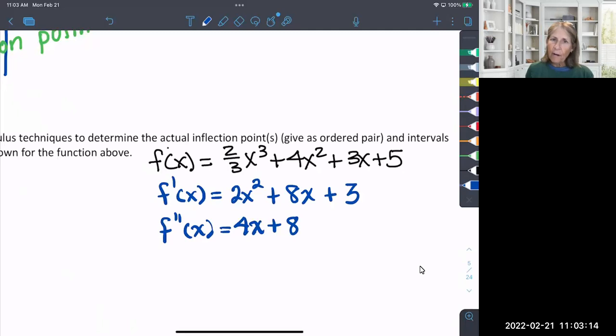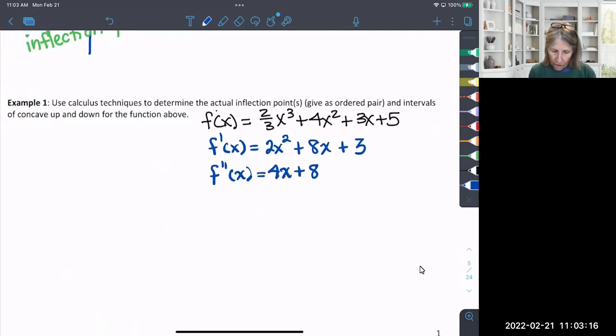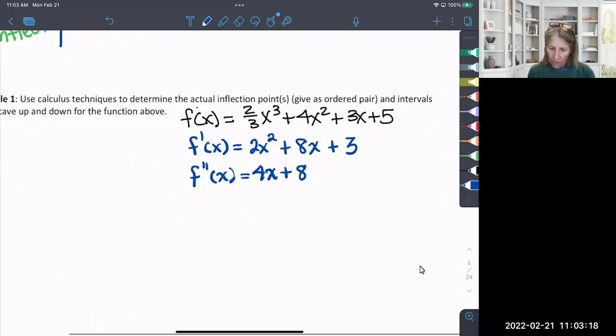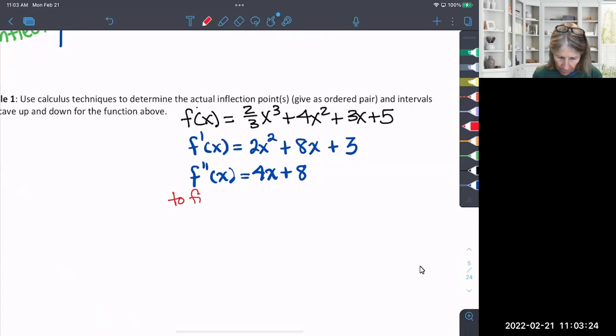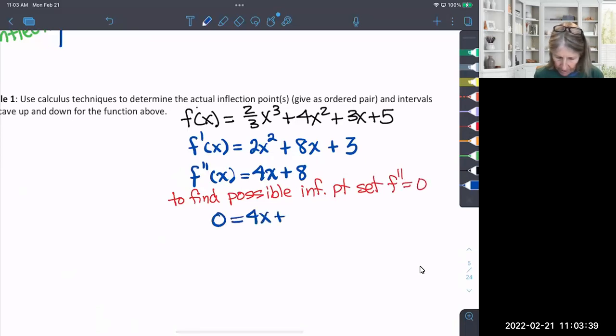So if you want to find an inflection point, we start by setting the second derivative equal to 0. Okay, so to find, and I'm going to say it this way, possible inflection points, we're going to set our second derivative to 0. All right, so 0 equals 4x plus 8.